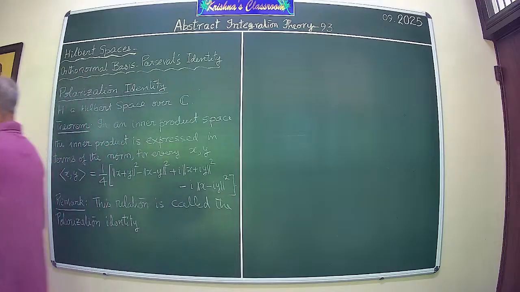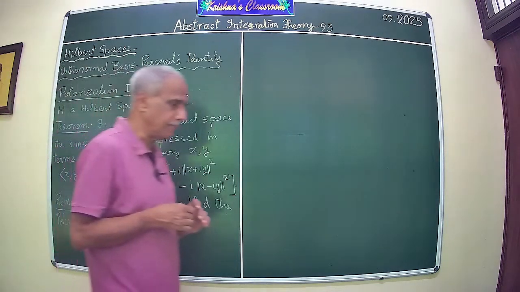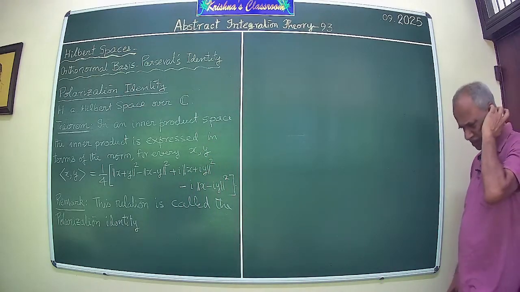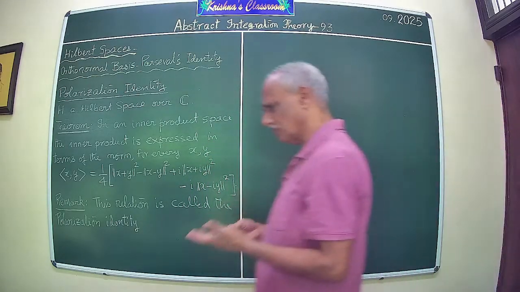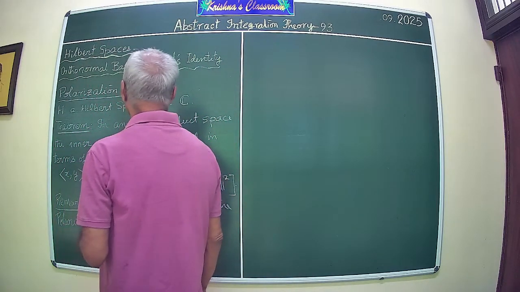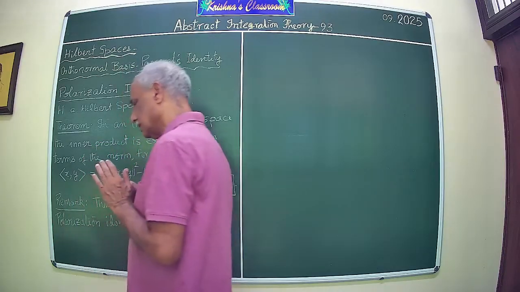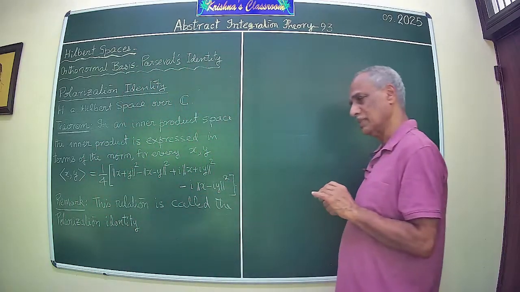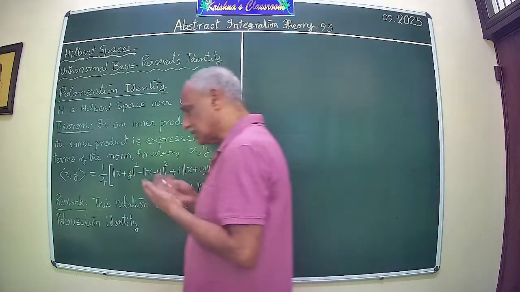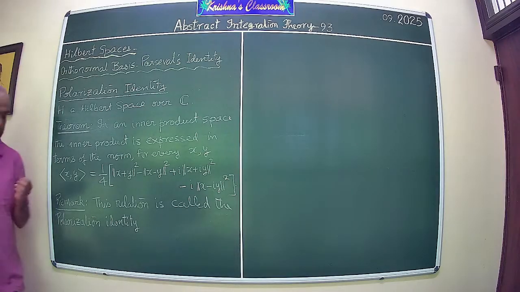If the orthonormal set has the property that it is a maximal orthonormal set, which I shall explain soon, or what you call an orthonormal basis, then it follows that equality holds in Bessel's inequality.